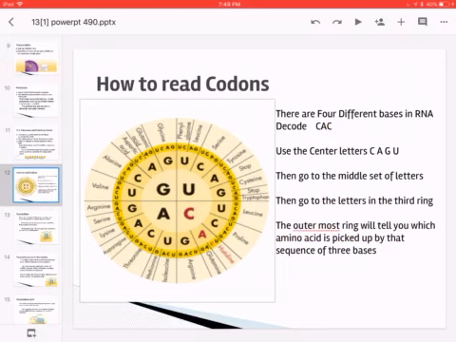Then I'm going to go to my second ring, which is darker yellow, and I have to find the next base, which was A for this particular decoding sequence. So I had C, and then I go to A, so I find A, and that shows me the next piece of the pie that I'll continue with. And then my last nitrogen base is C, so then I find C in that piece, and I end up with histidine. So histidine would be the amino acid that is picked up for the codon CAC.